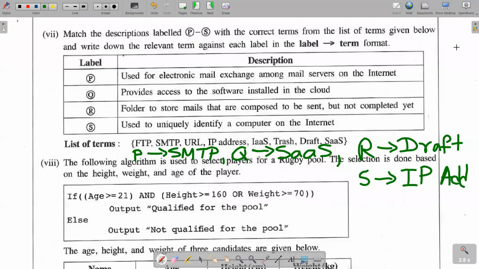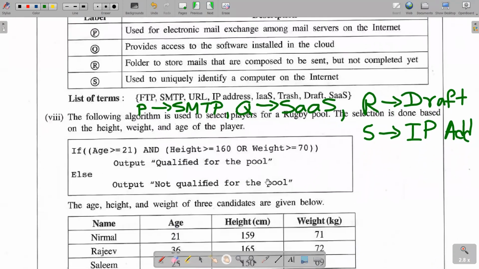Right, moving to the 8th. The following algorithm is used to select players for a rugby pool. The selection is done based on the height, weight, and age of the player. So it is checking three conditions: age larger than or equal to 21, and height larger than or equal to 160, or weight larger than or equal to 70.